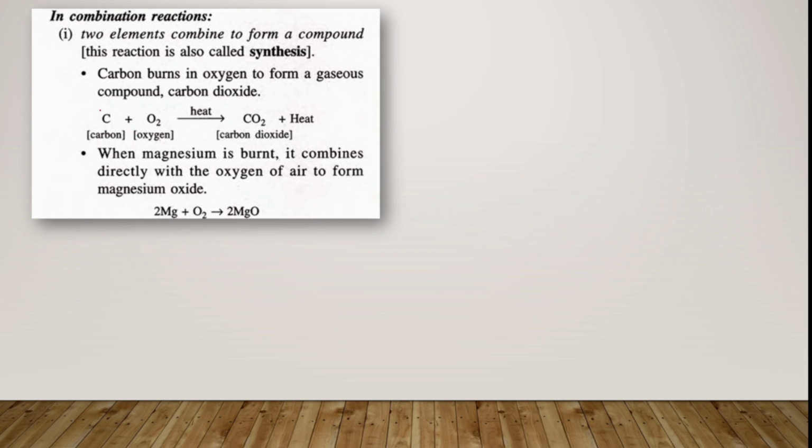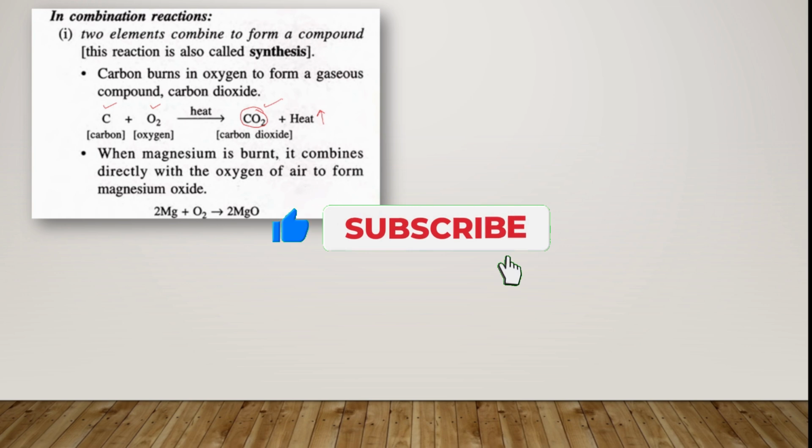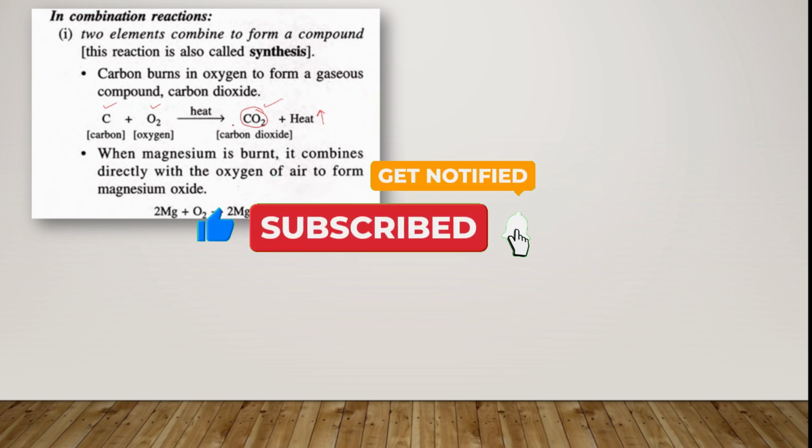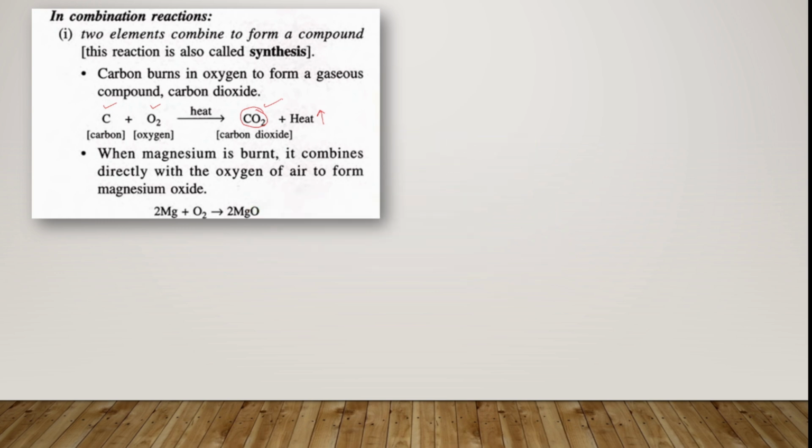Carbon is an element, oxygen is an element, and carbon dioxide is a compound. So 2 elements combine together to form a compound and heat is released. This is an exothermic reaction. So 2 elements combine to form a compound. That is the first type of combination reaction.